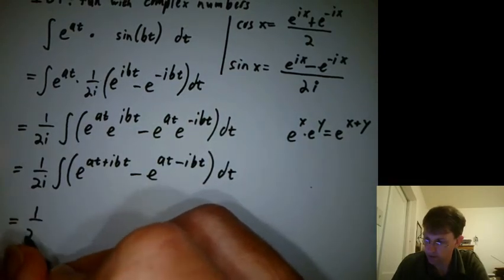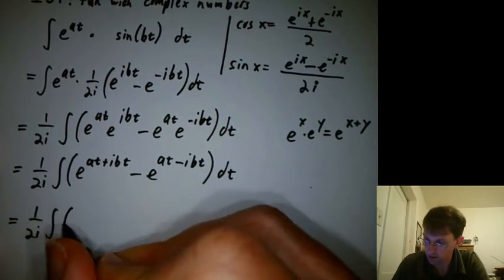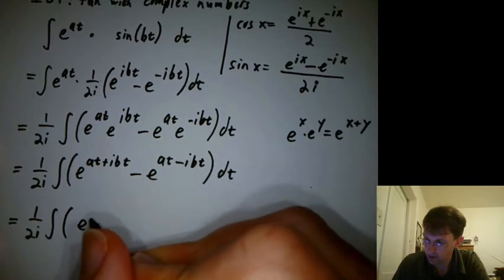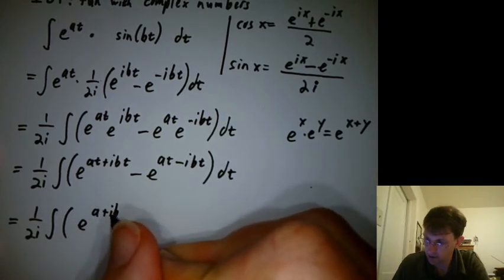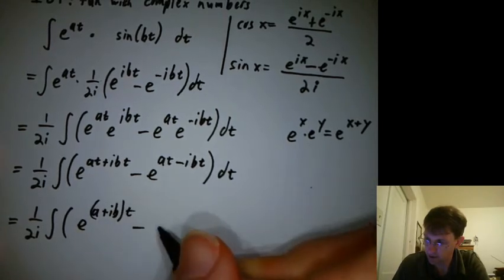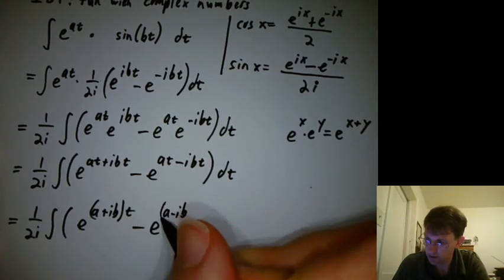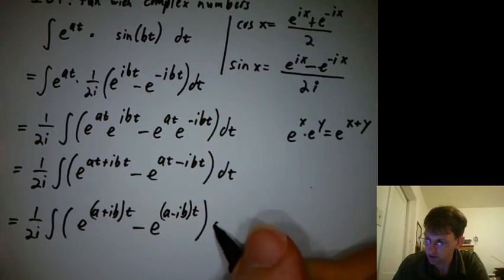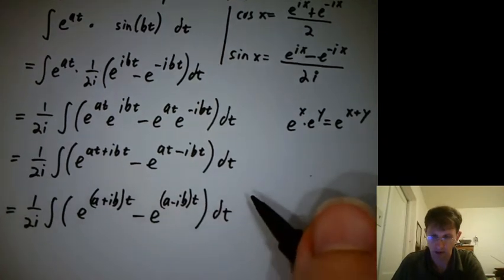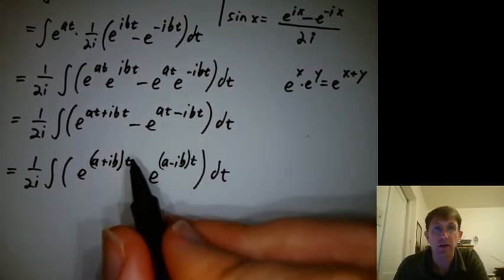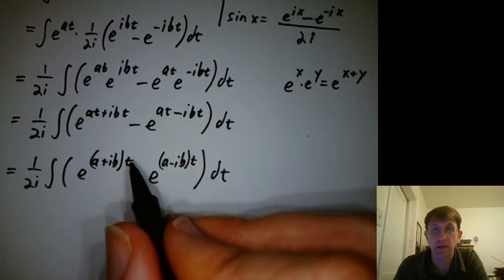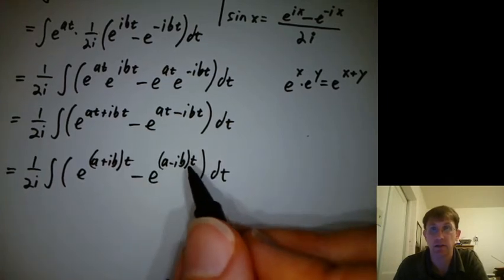So we'll have 1 over 2i times the integral of e to the a plus ib times t, minus e to the a minus ib times t, dt. All right, so now I just have e to a constant times t and e to another constant times t.